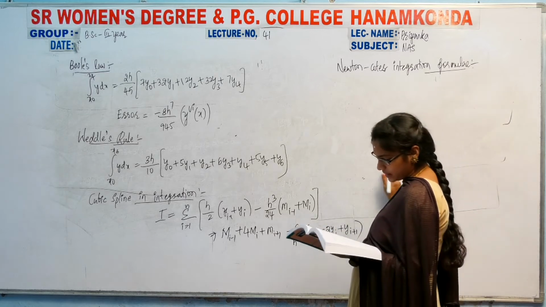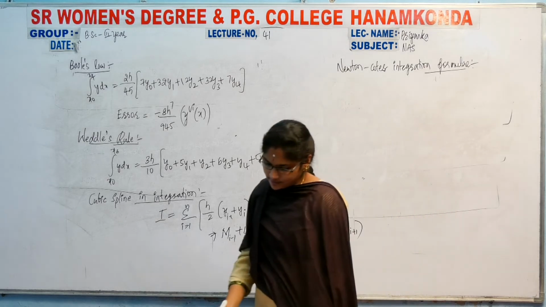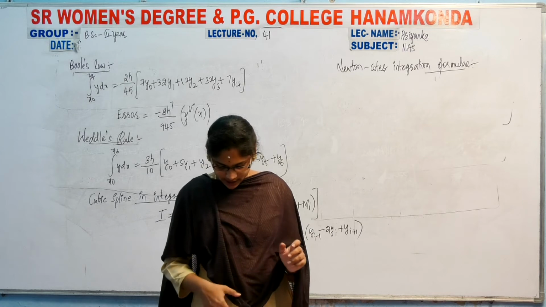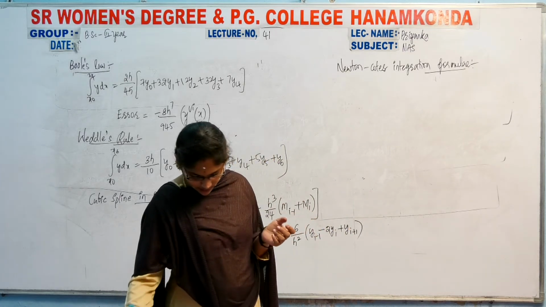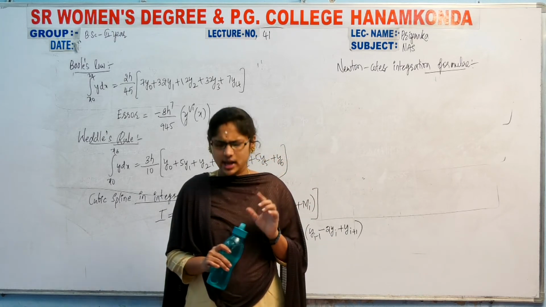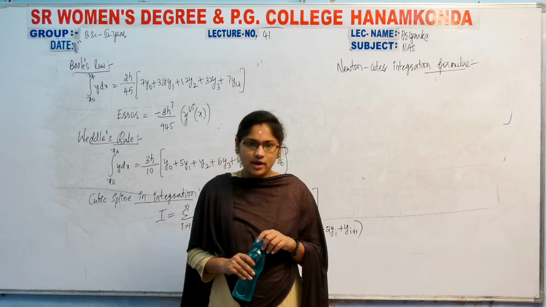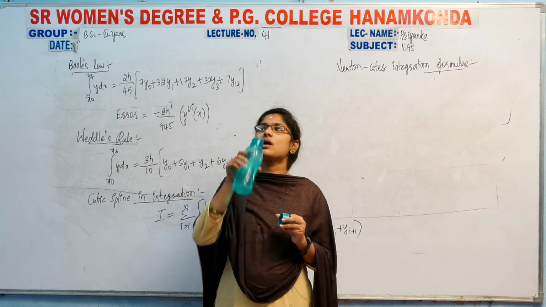Now write down. Let the interpolation points xi be xi equal to x0 plus i into h, where i equal to 0, 1, 2, 3 up to n.